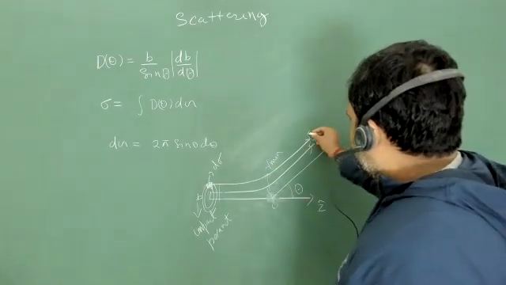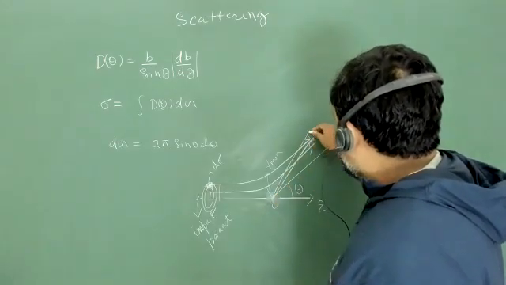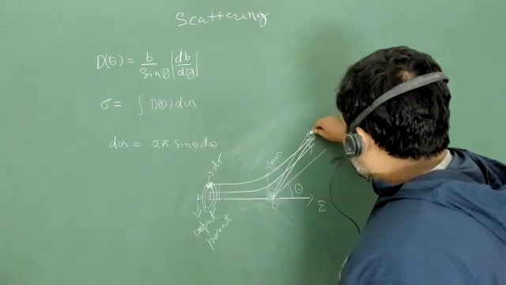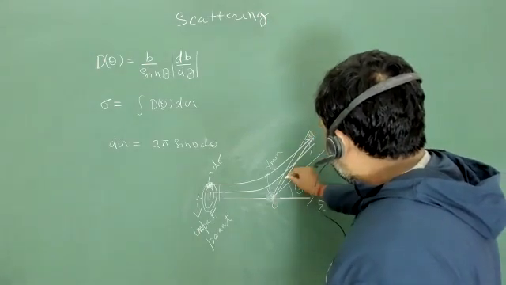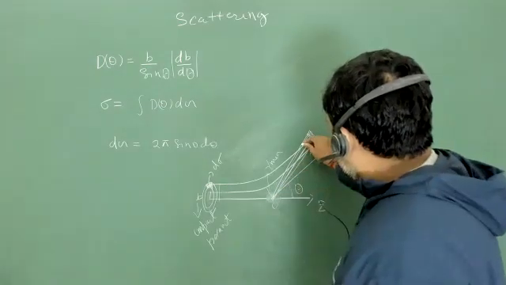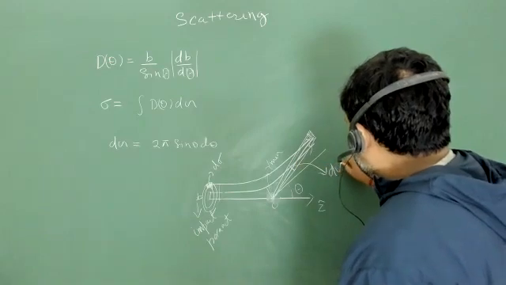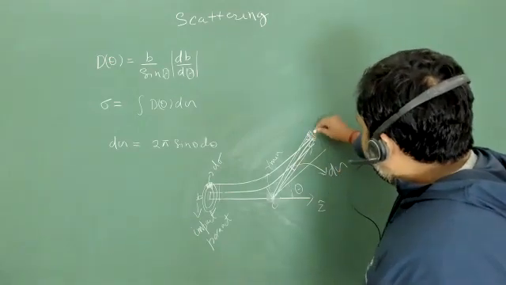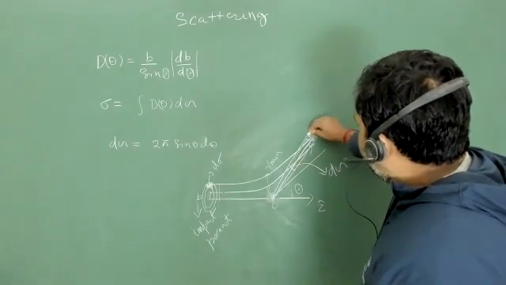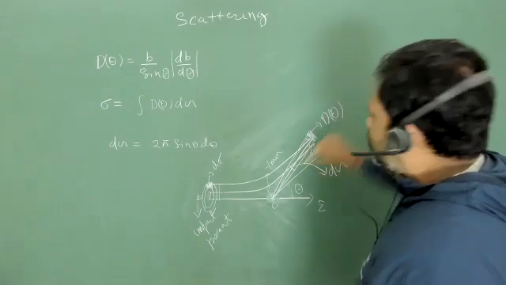And obviously then we are going to measure this particular solid angle. You can just measure some solid angle like this. So this will be your solid angle d omega, and this particular area is identified as the differential scattering cross section.